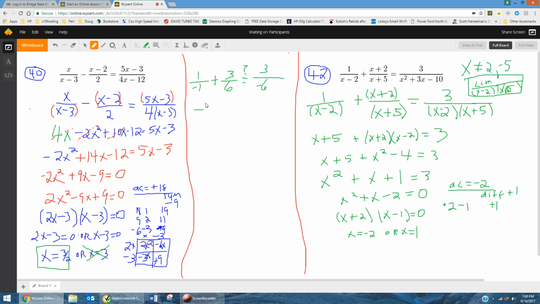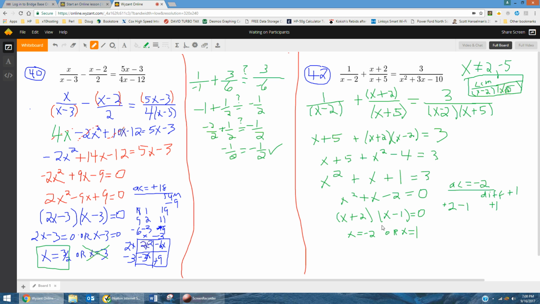So this is negative 1 plus a half. Does that equal negative 1/2? This is negative 2/2 plus 1/2. Does that equal negative 1/2? It sure does. Check.